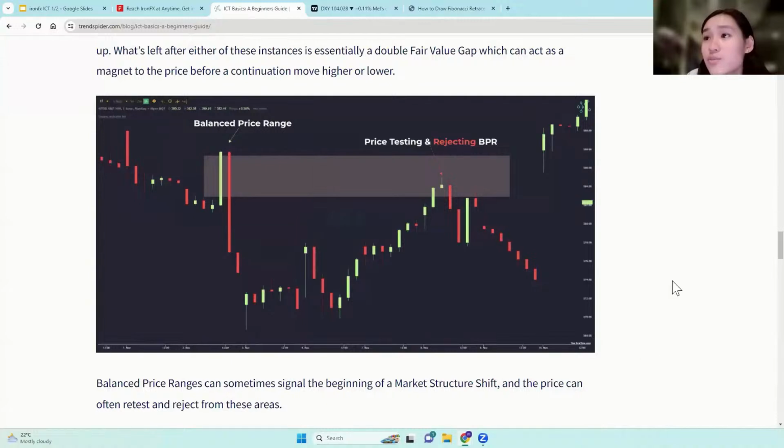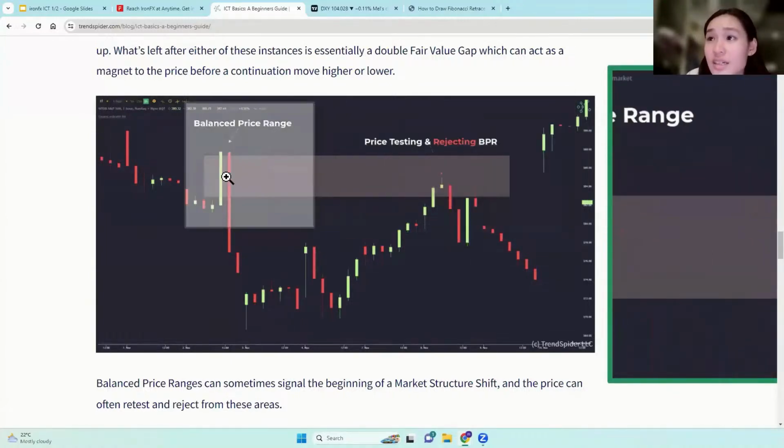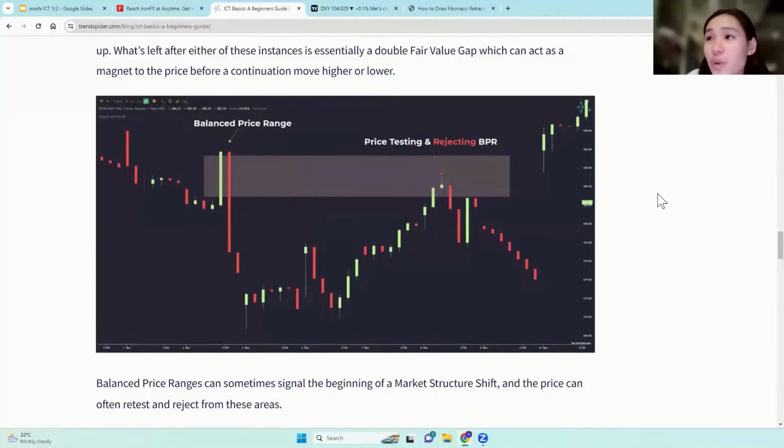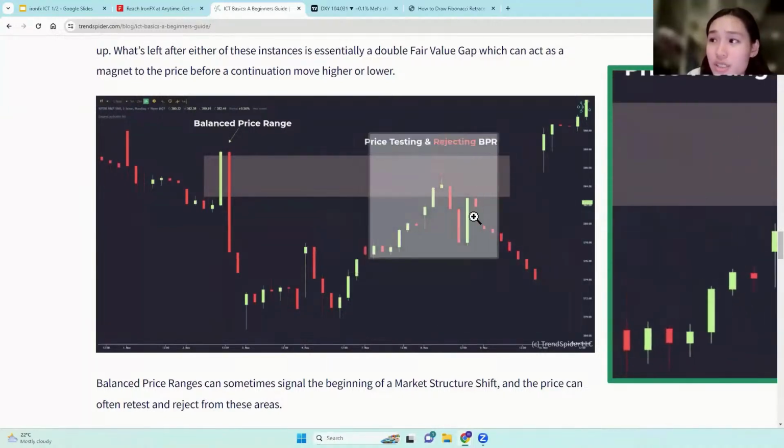The reason why we are highlighting this entire area is because that's where we see price being attracted to.